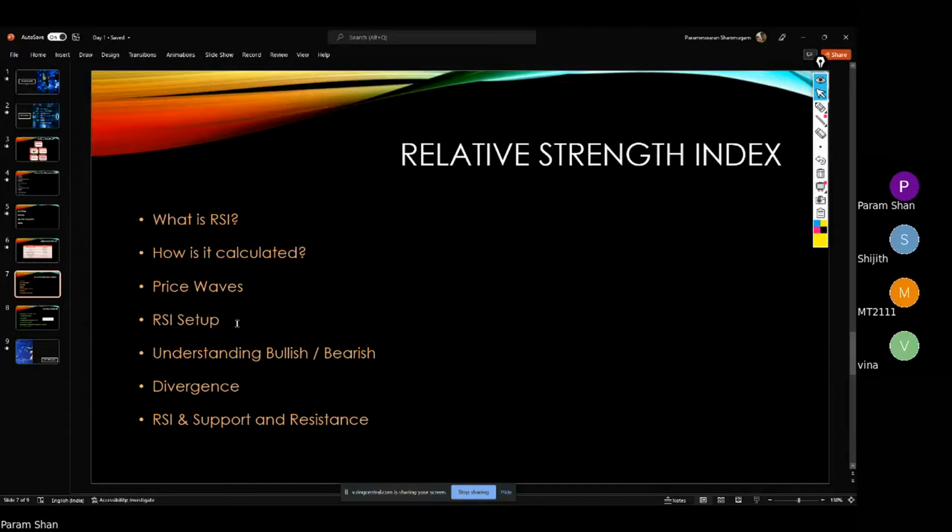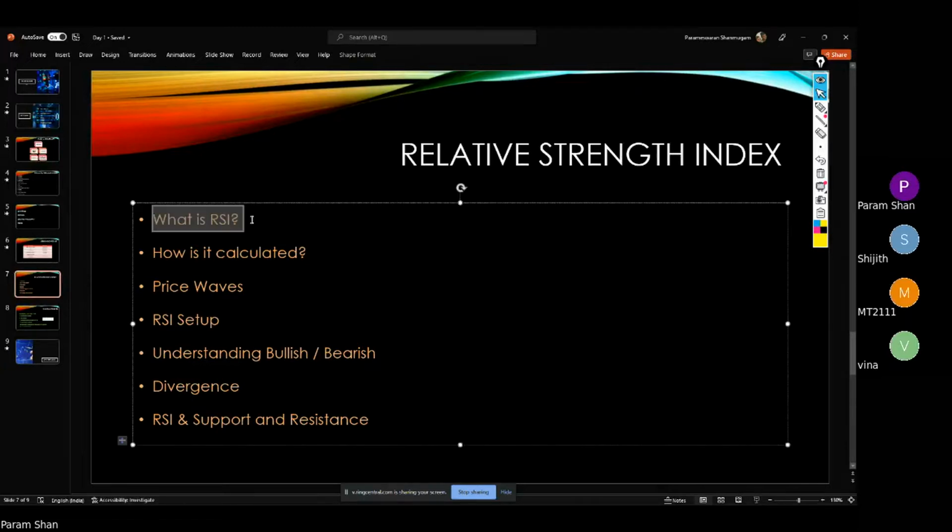RSI setup, how we have to do the setup on the charting, understanding bullish or bearish using RSI, and the divergence. RSI support and resistance. In the previous session we learned support and resistance, and now how to combine RSI and support and resistance to make a mixed decision. Okay, so that is what our flow would be, right?